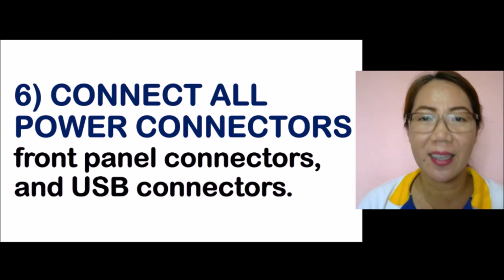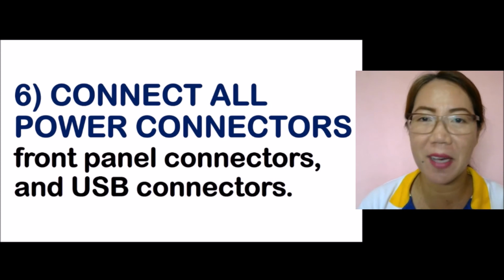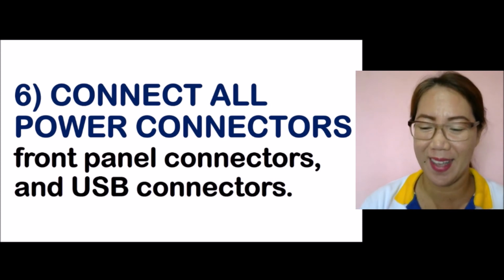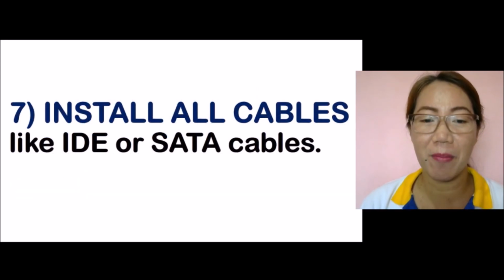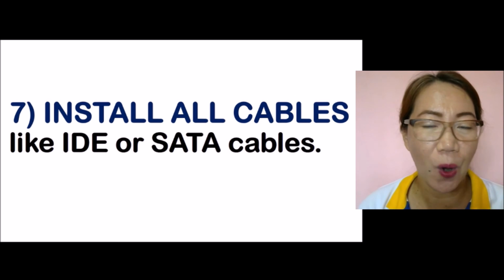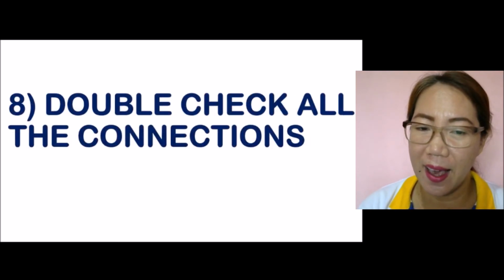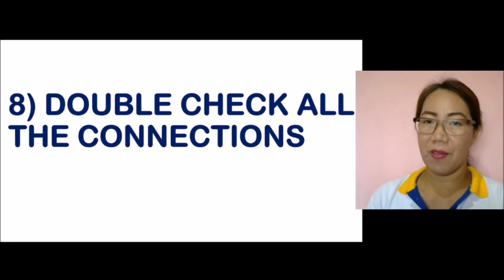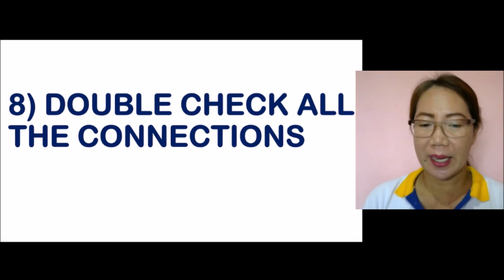USB, ground, positive, negative, 5 volts. That's it. Okay, number 7, install all cables like IDE or SATA cables. And the last one, double check all the connections if they are properly and firmly connected.